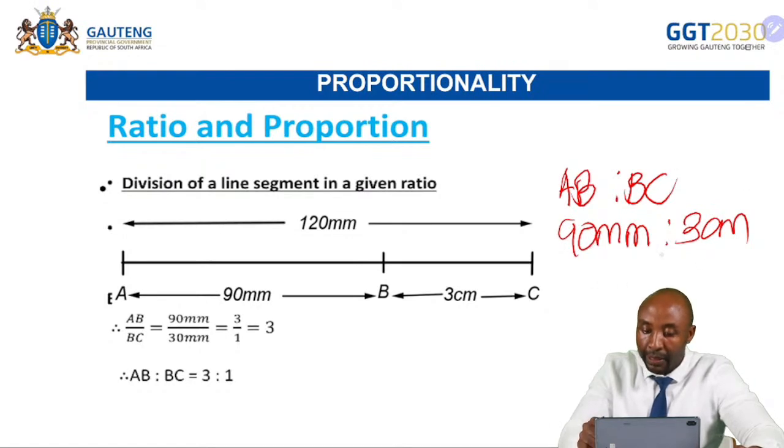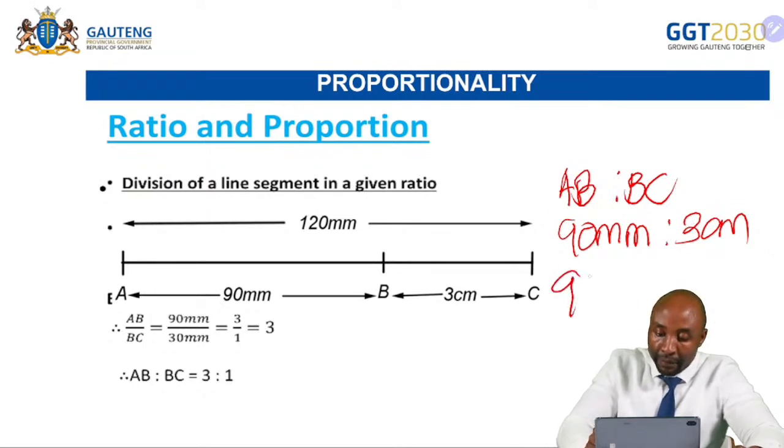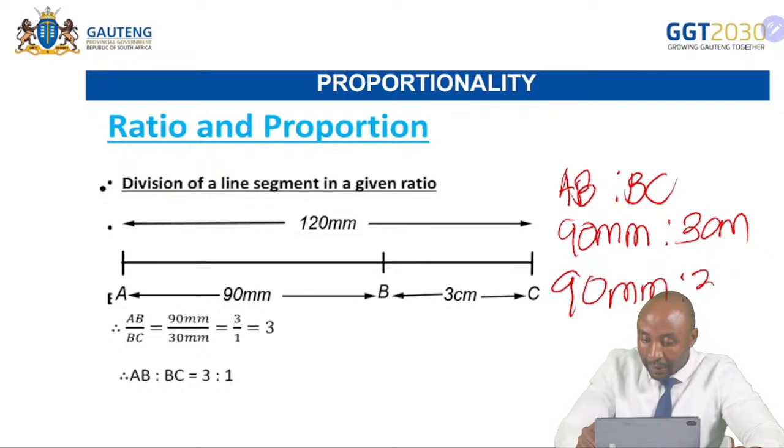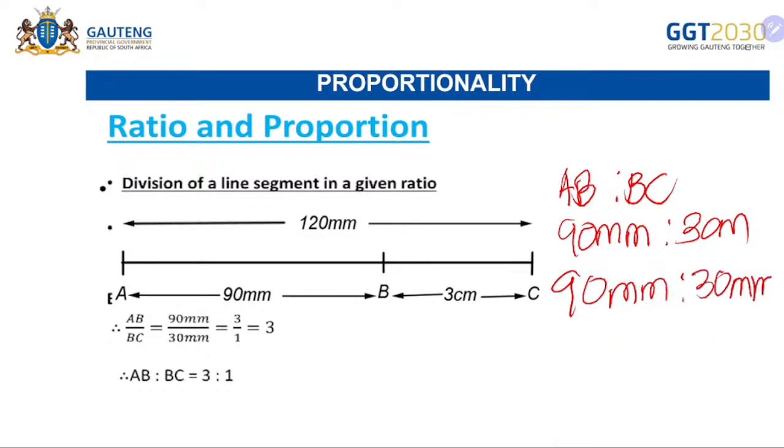ratio as it is. We need to first of all convert this to the same unit so that we have 90 millimeters to 30 millimeters. After that, then we can simplify the ratio as given.